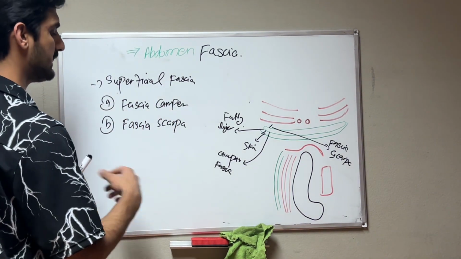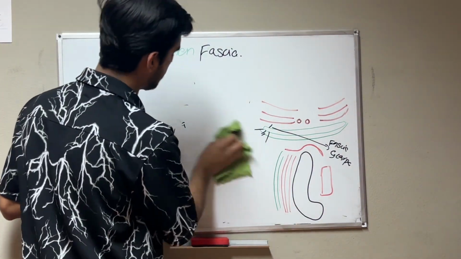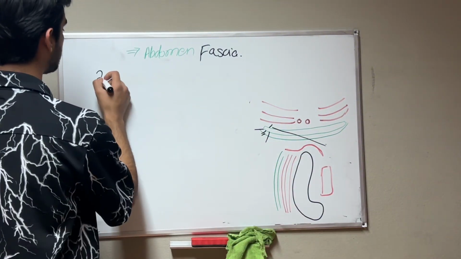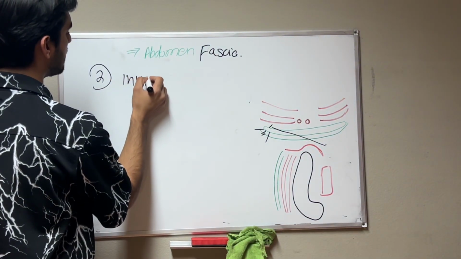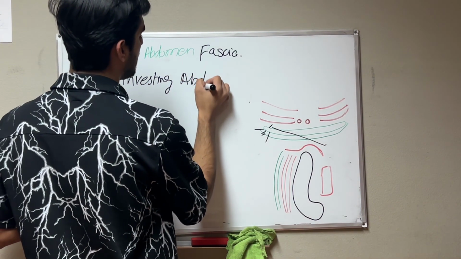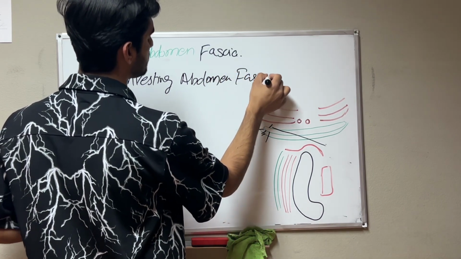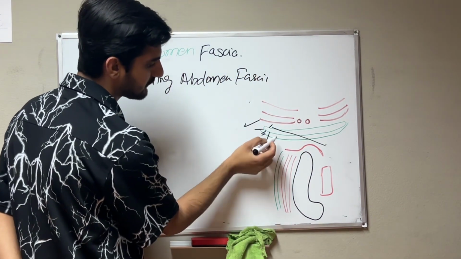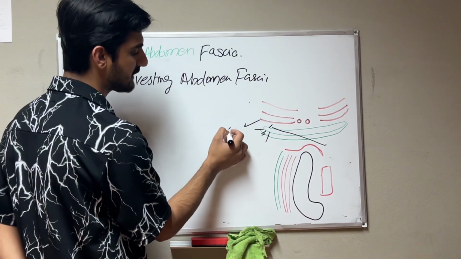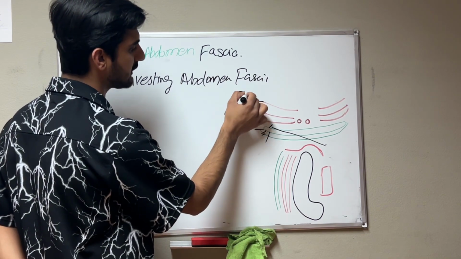Second, which fascia do we have? Second we have investing abdomen fascia. After the fatty layer, this one is the external oblique muscle, this one is the internal oblique muscle, and this is the transverse abdominal muscle.